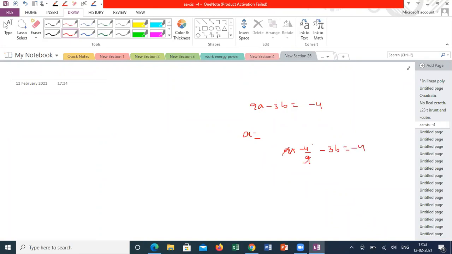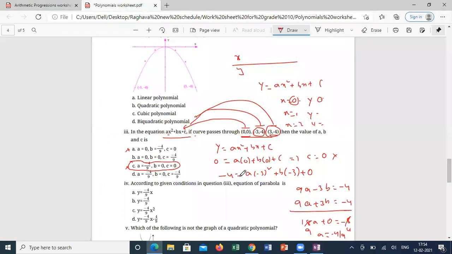So 9 cancels, and minus 4 cancels, so b is equal to 0. So a is equal to minus 4 by 9, b is equal to 0, c is equal to 0. So the third option is correct. Clear what I'm saying? Yes, sir. Anyone having any doubt in this question? No, sir. No doubt, sir.